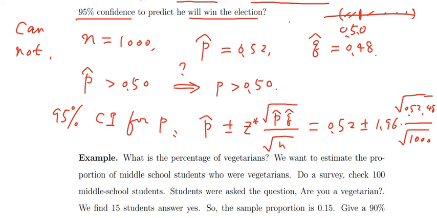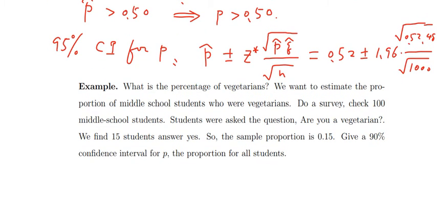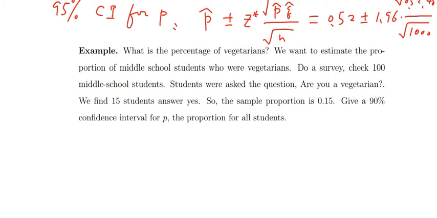Okay. So this is for proportion actually, right? So for a 1-0 distribution, we have a simple way to estimate this sigma by p hat q hat. Okay, so now let's consider this problem. So for proportion, let's say we want to give a 90% confidence interval for this p, where p is the proportion for all students.